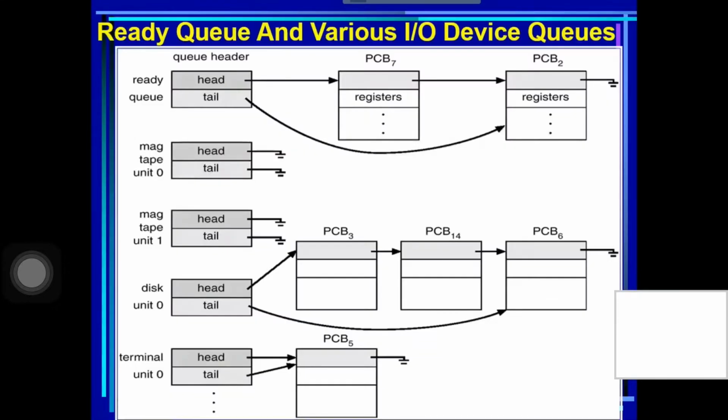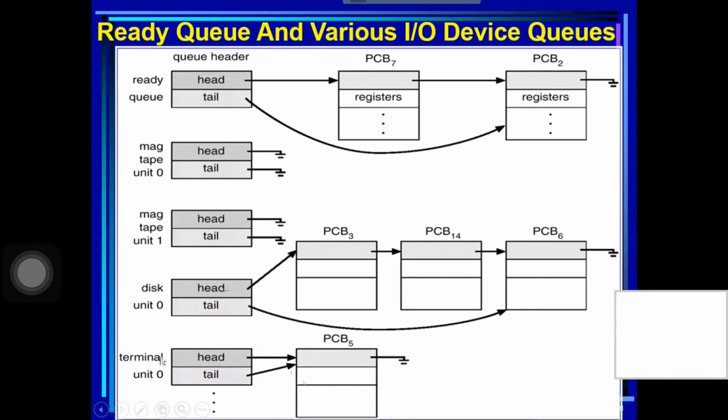Like this picture, we have magnetic tape unit 0. Of course, this queue has no process. We also have magnetic tape unit 1, this queue, and we have disk unit 0, this queue. We can see that it has 3 processes waiting for this I/O device.